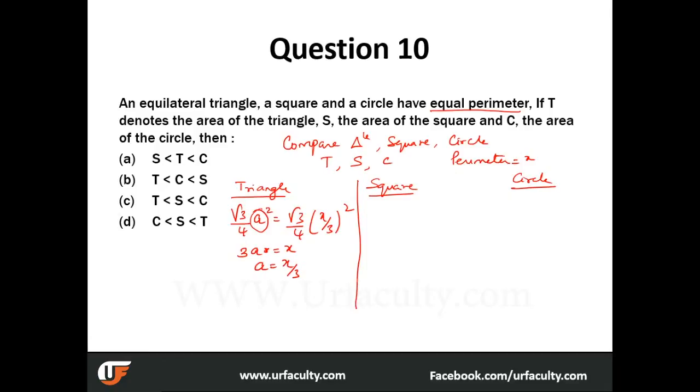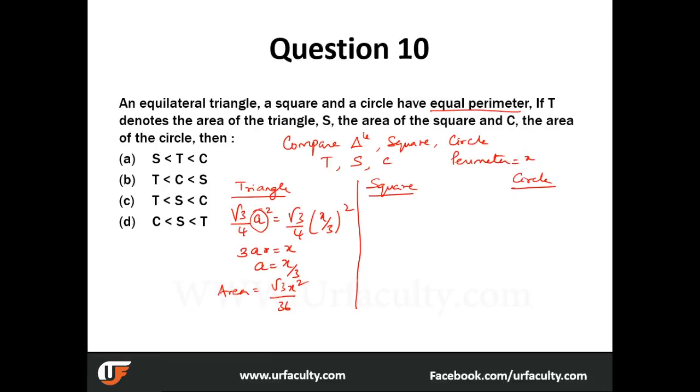Okay, maybe we can finish off this calculation. You get x square by 9, by 36. So area is equal to root 3 x square by 36.